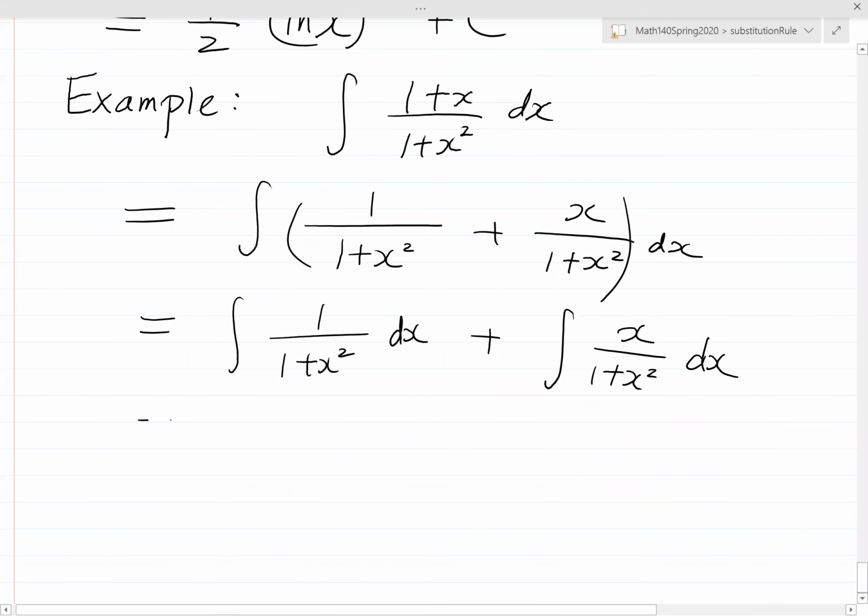The first part is easy, it's in the antiderivative table, so it's arctan x. Now how do we do the second part?